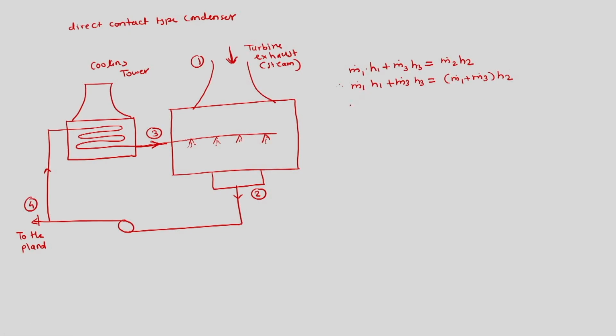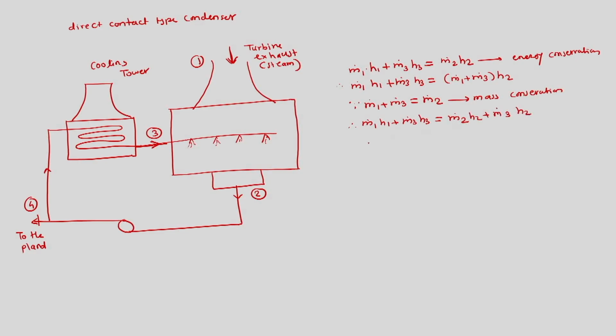This is from the fact that m dot 1 plus m dot 3 is equal to m dot 2, which is mass conservation, and we are working here on energy conservation. So we have m dot 1 H1 plus m dot 3 H3 is equal to m dot 1 H2 plus m dot 3 H2.